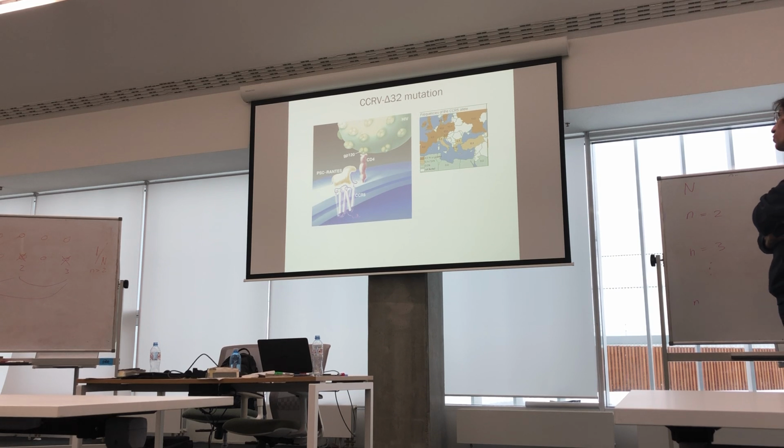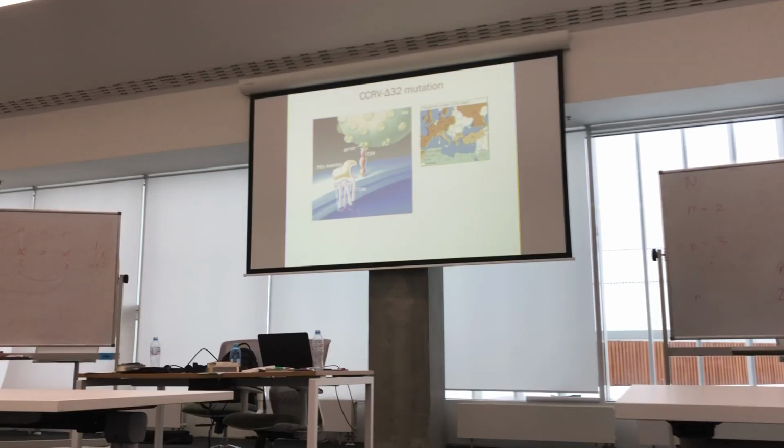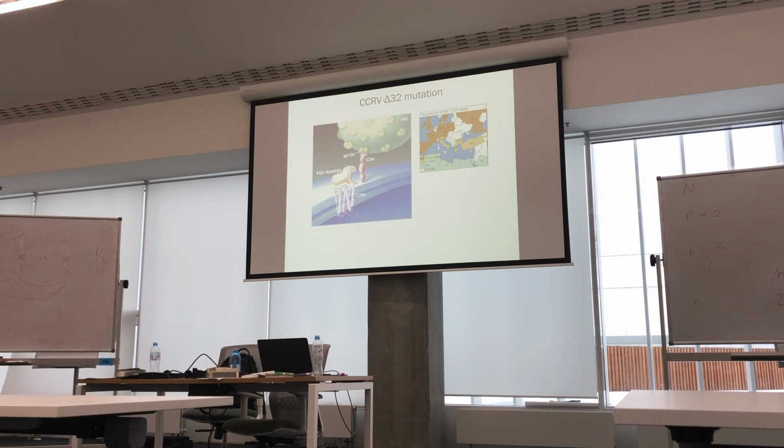So if you're homozygous, you're pretty much protected. If you're heterozygous, then you are usually what's called a long-term non-progressor. That means that even if you become HIV positive, you usually do not develop symptoms of AIDS for a long time, even without any kind of treatment.